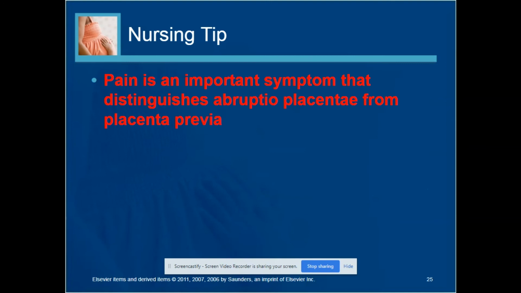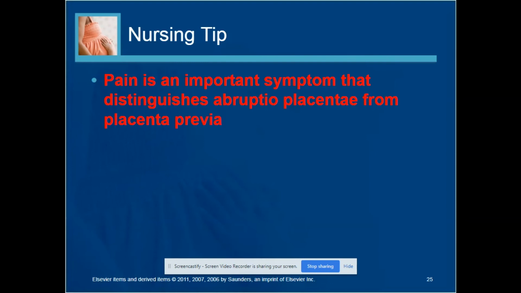Here's a nursing tip. Pain is an important symptom that distinguishes abruptio placentae from placenta previa. Remember, abruptio placentae, the placenta is just randomly dislodging, and blood is accumulating, there's stretching, all of that is painful.